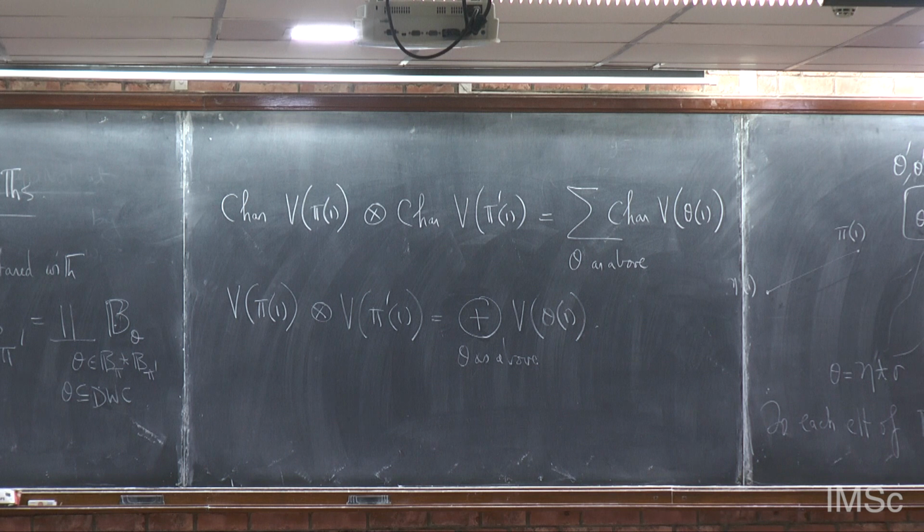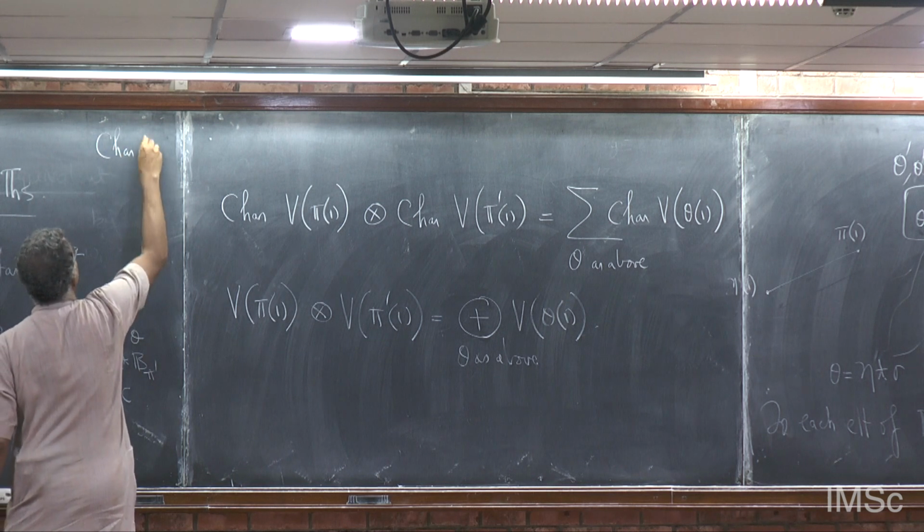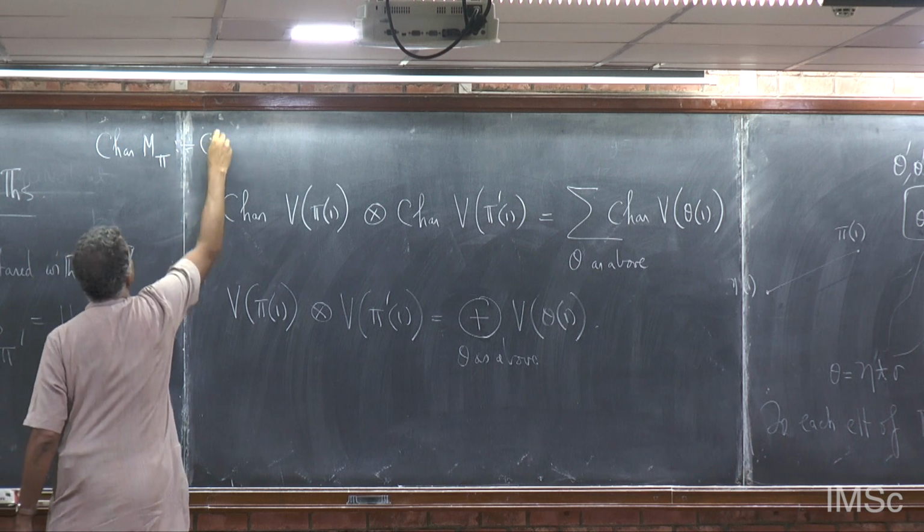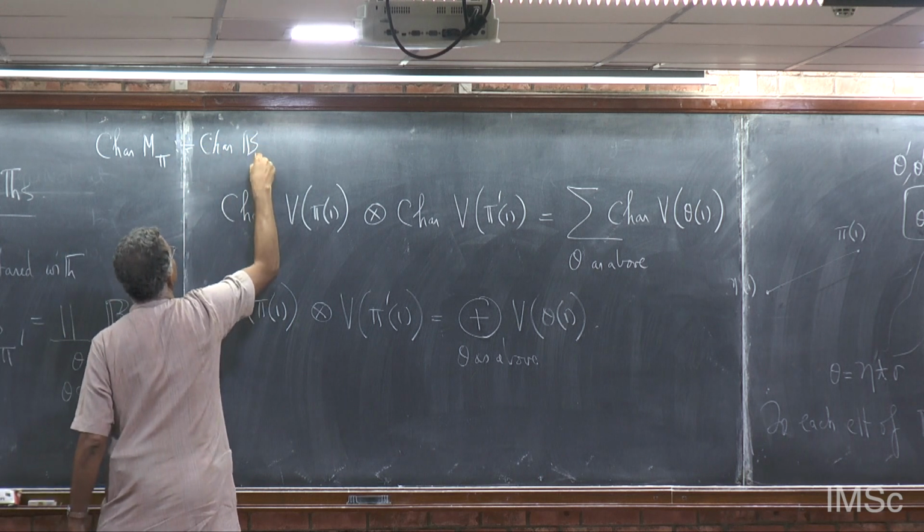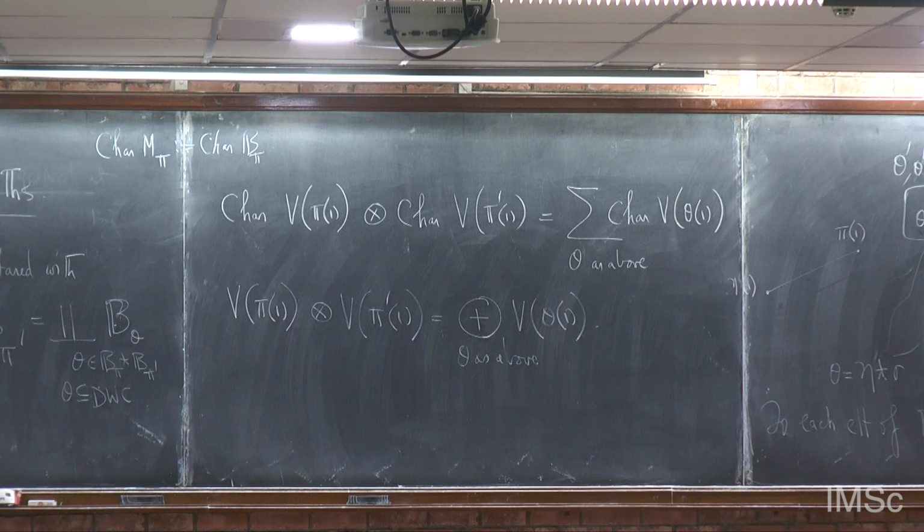Yes, Shamik. But why is the character of M...? Okay, the definition of M character is, so what is M? M consists of Z linear combinations. So character of M pi is equal to character of B pi. M pi is just the integral span of B pi.